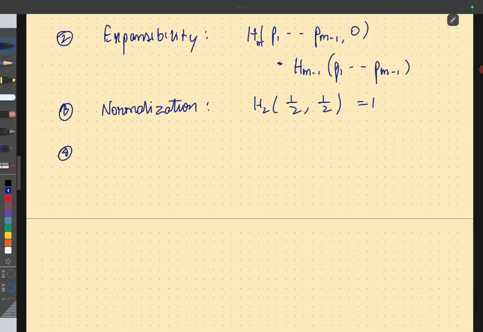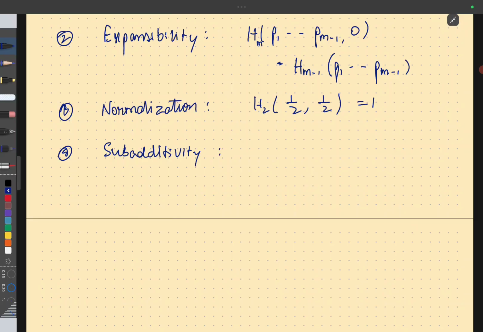Next I have subadditivity. So loosely speaking, if I take two random variables and put them together, take them as a collection, a pair of random variables, then the total amount of uncertainty when I have both X and Y together cannot exceed the uncertainty that is there with X alone plus the amount of uncertainty that is there in Y alone.